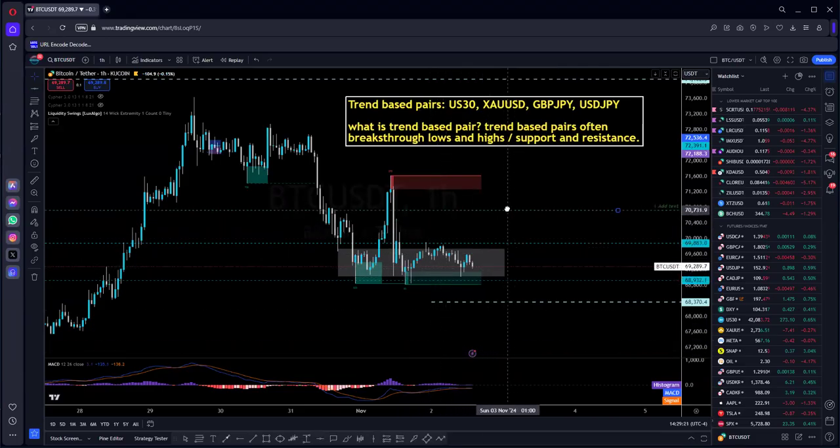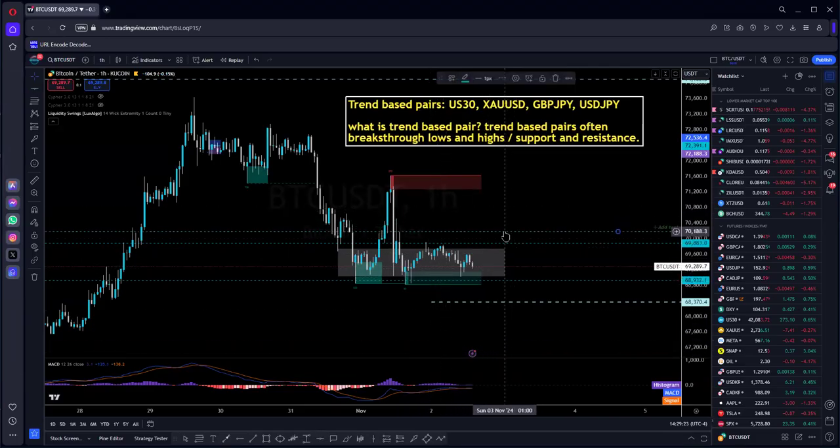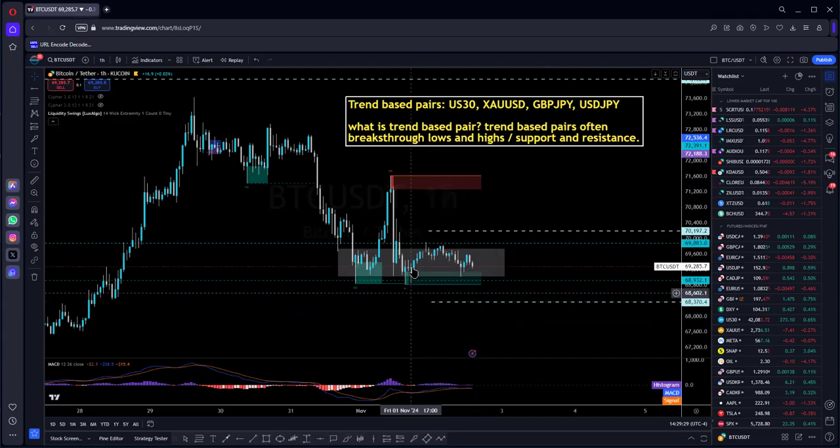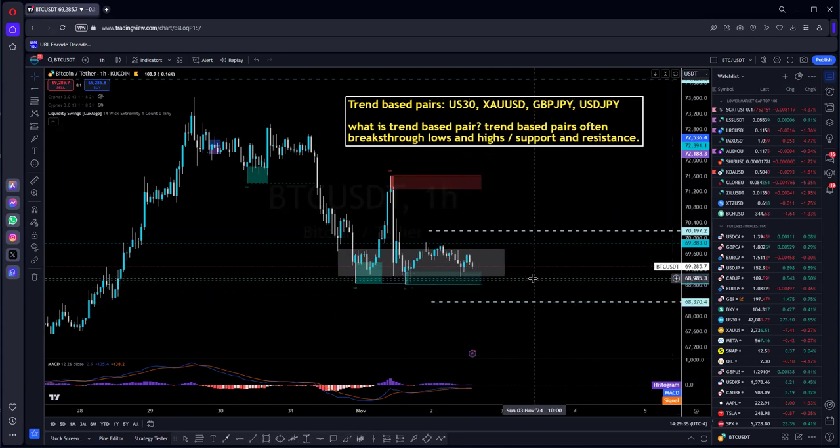What I personally like to do, I like to place the stop orders away from the current trend or away from the current range. So right now the range with Bitcoin, for example, is between 68,900 and 69,900.